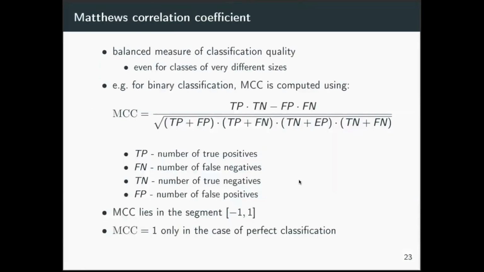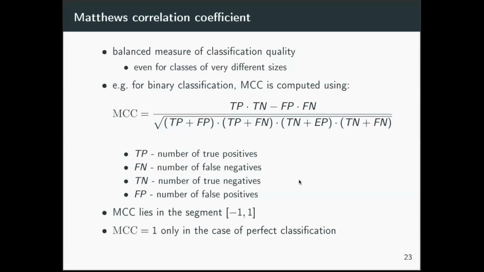And a few more words about the Matthews correlation coefficient. It's a good measure for our problem because, as I said, we want to classify curves of high rank, but there are very few curves of high rank. So when you do this kind of classification, you want to make sure that classes with very few elements, but which are very important to us, are not neglected.